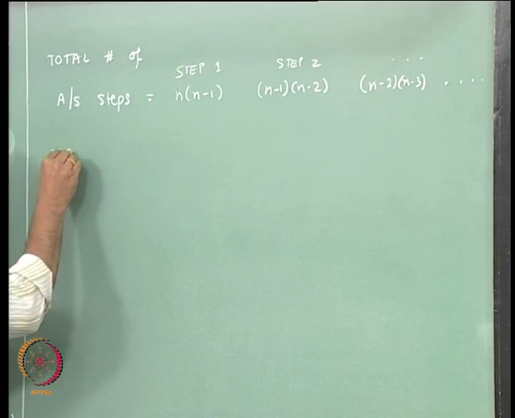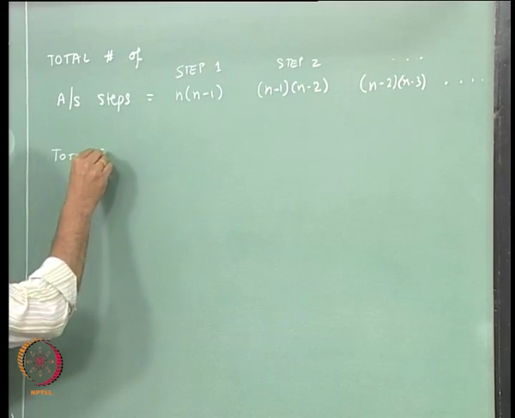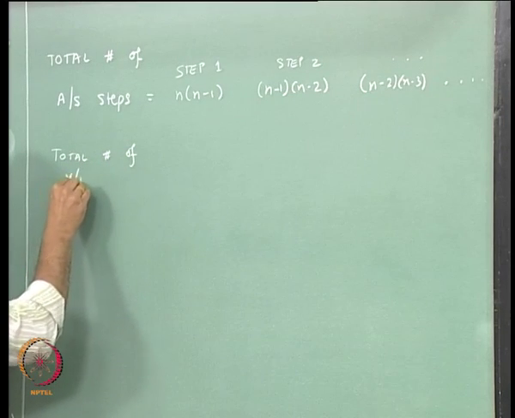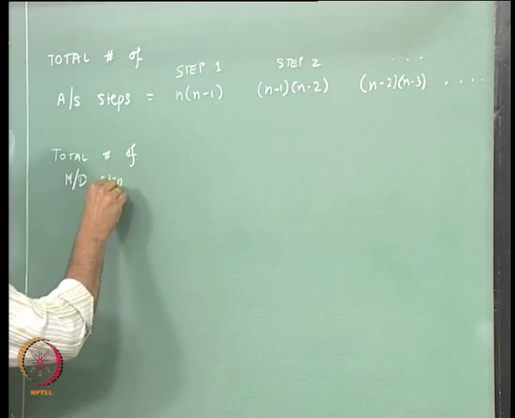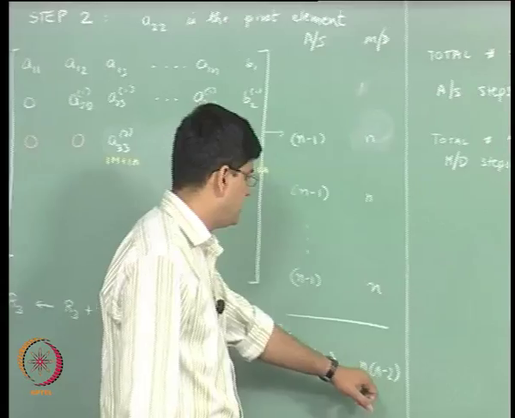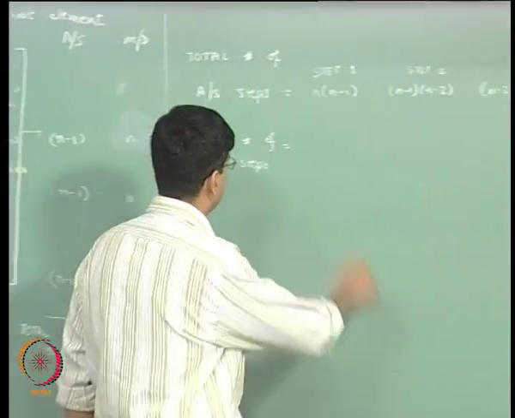Total number of multiplication and division steps are going to be n plus 1 multiplied by n minus 1, n multiplied by n minus 2, so on and so forth.